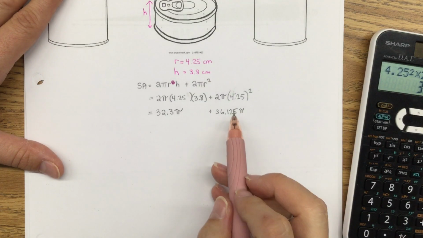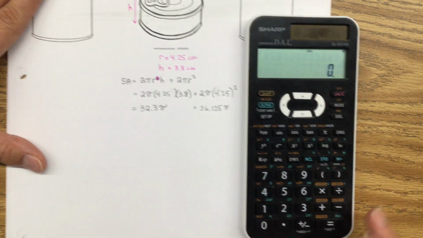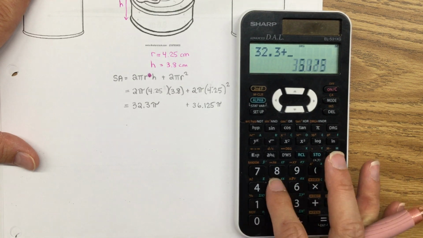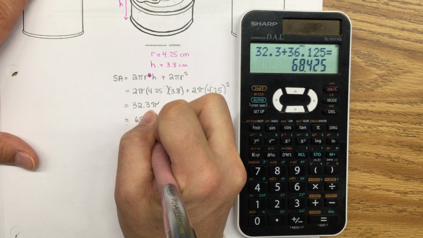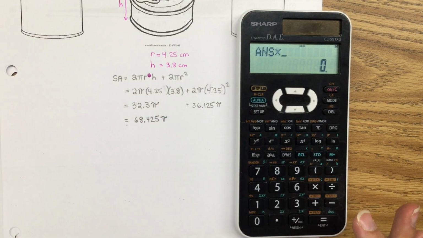Because we have pi on both of them, we can then add the numbers together. So 32.3 plus 36.125 gives me 68.425 pi.